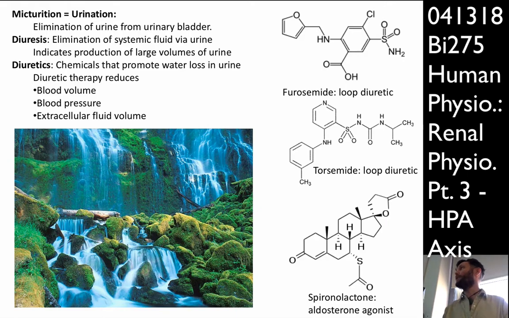So the first two up there are both loop diuretics, an example of targeting the same place in the kidney but having pretty widely different chemical structures. They look pretty different to me. And then here's spironolactone. This is an aldosterone agonist.